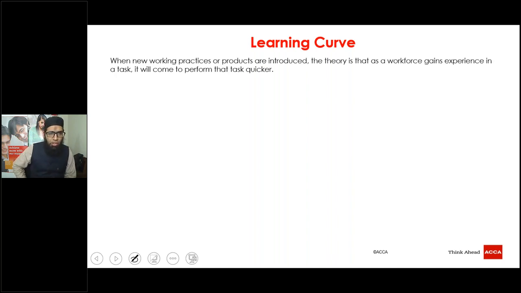It says, when new working practices or products are introduced, the theory is that as a workforce gains experience in a task, it will come to perform that task quicker. So for example, if I produce a unit, for example, a cup, for the very first time, it will take more time than if I produce it the second, third, or fourth time.